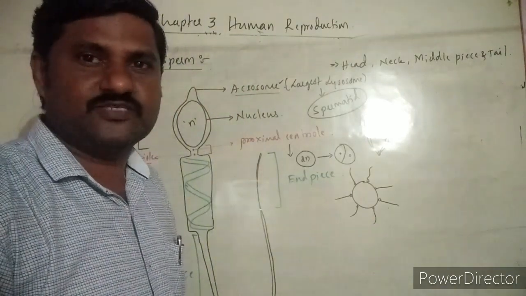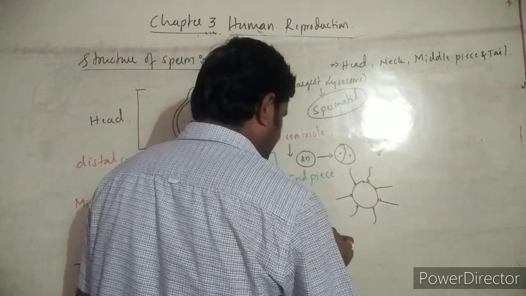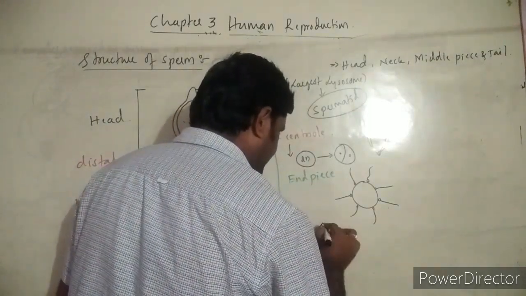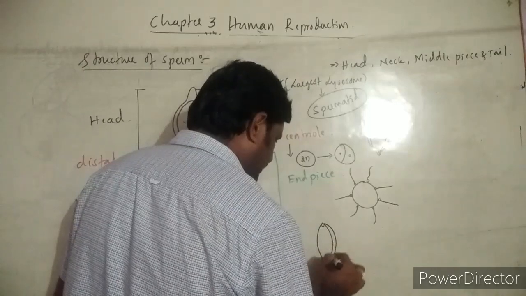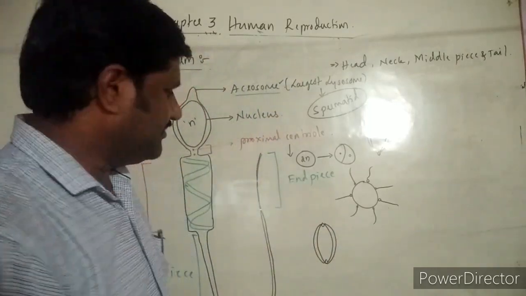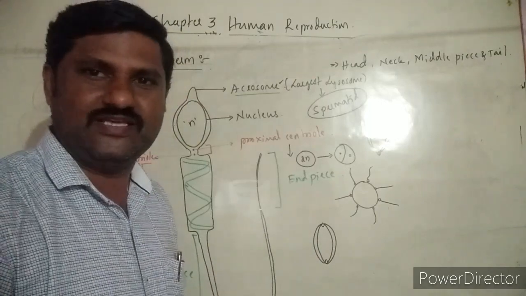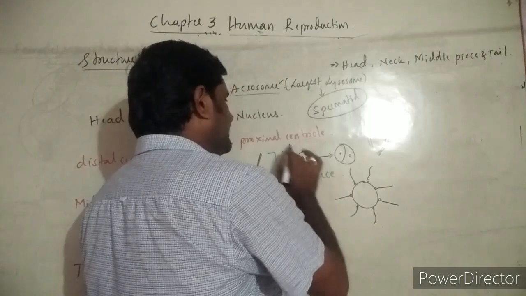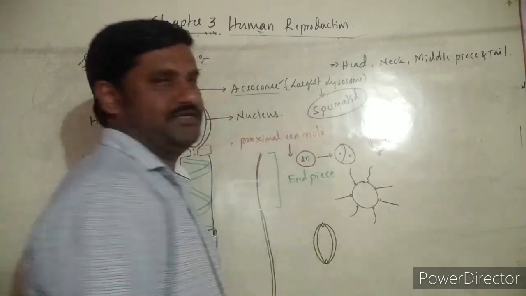From one centriole to another one, the formation of spindle fibers takes place, so that they carry the chromosomes very easily. So these spindle fibers are formed because of the centriole, that is the proximal centriole.